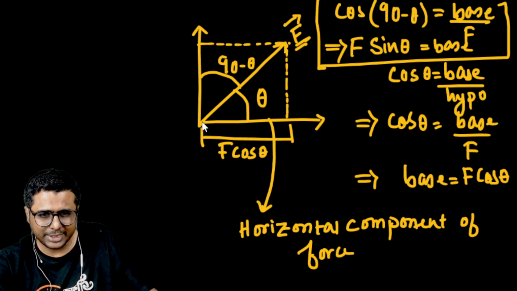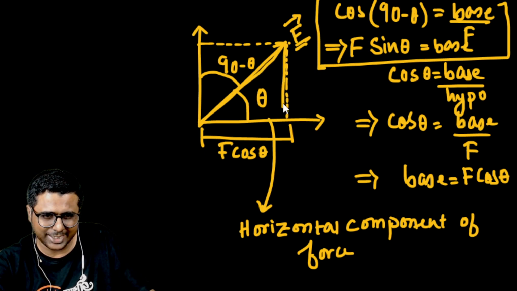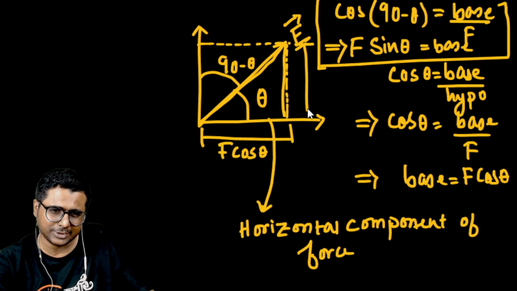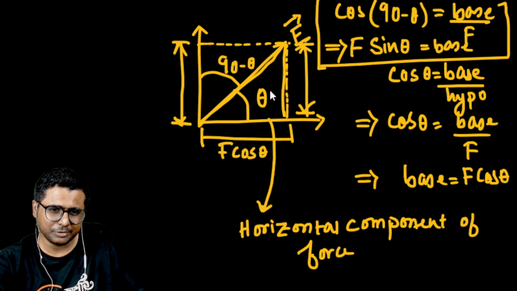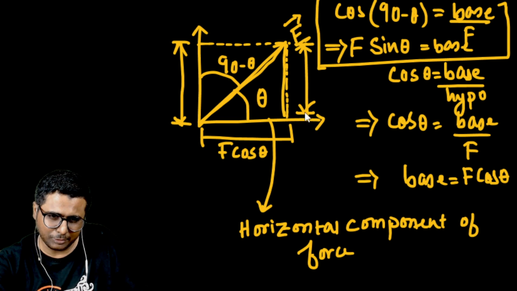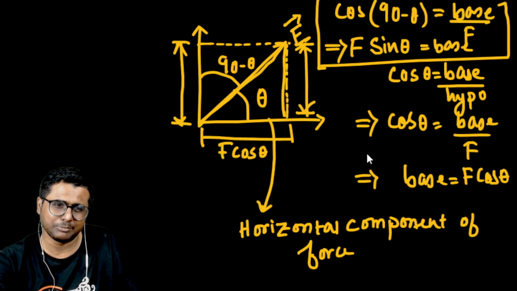Otherwise, from this triangle, if you want to do the same thing, you can, because this one is equal to this one, correct? So if you want to find this one, you will take sin theta is equal to height by hypotenuse, and you will get the same thing.